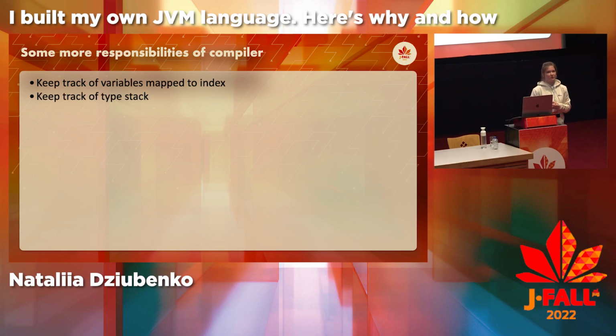Another thing to keep track of is your type stack. You have to locally keep this stack in the same state as you know it should be on the JVM side, because otherwise you will not know what to do with these two values. For example, on top of your operand stack, you have two values, you want to do some operation on them, for example, add them, and it will be a string and an integer.